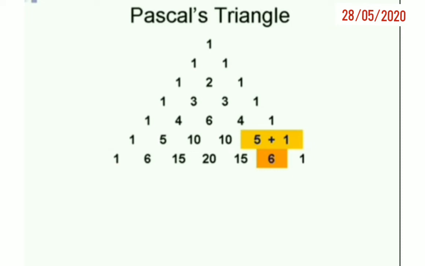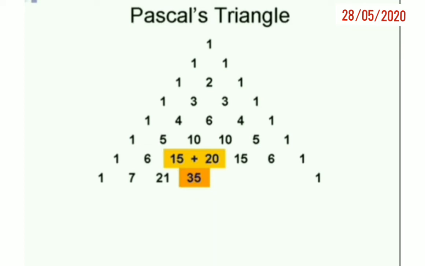At first we will write 1 1 at the corners, then we will add the above two numbers in order to get the numbers of this row. That is 1 plus 6 equal to 7. 6 plus 15 is equal to 21. Then 15 plus 20 is equal to 35.